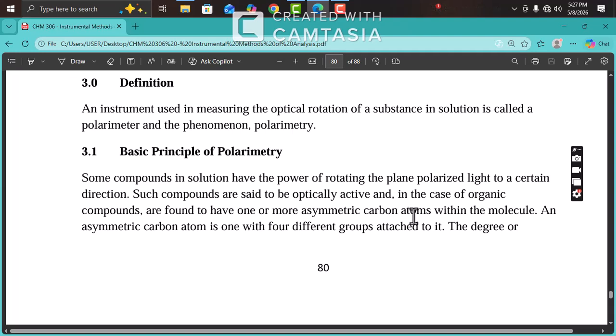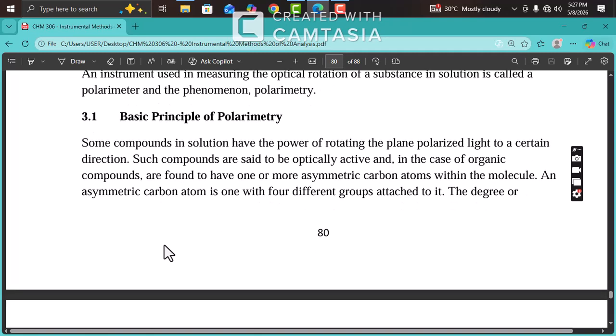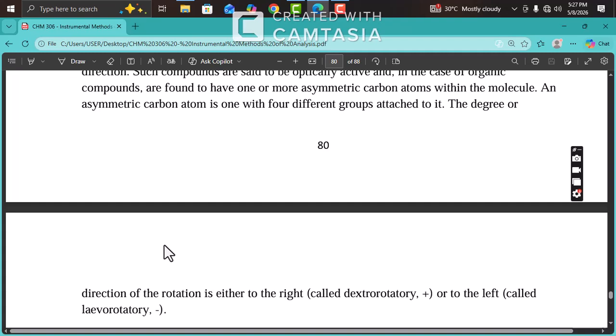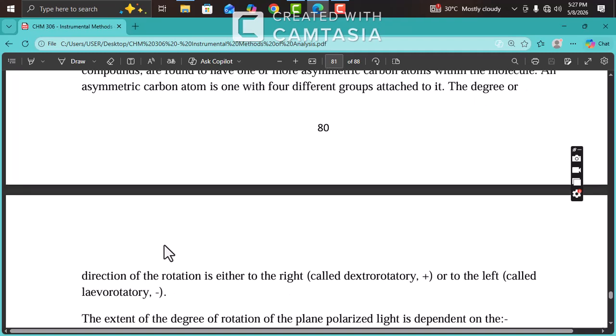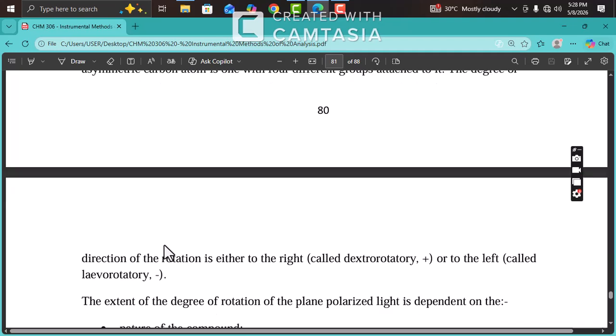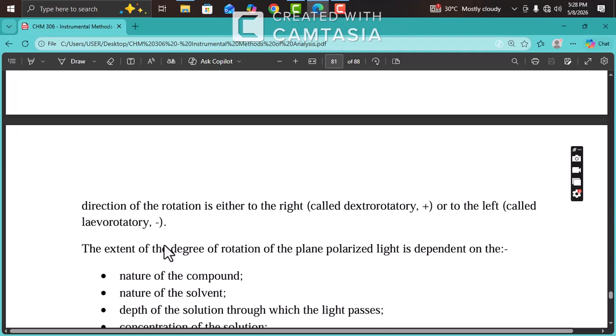That is important for organic compounds to be optically active. If you hark back to your organic chemistry, you might remember the concept of dextrorotatory, that's plus, or levorotatory, that's minus. So this is where it is now applicable.